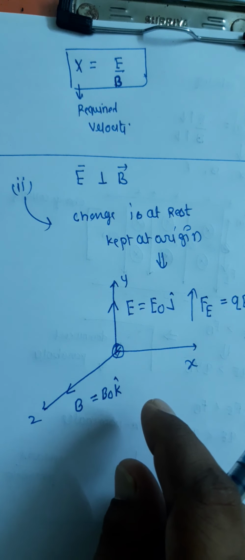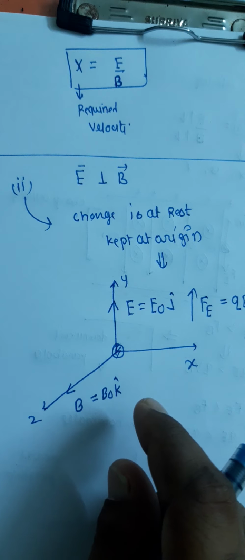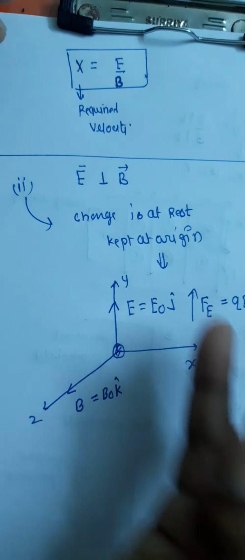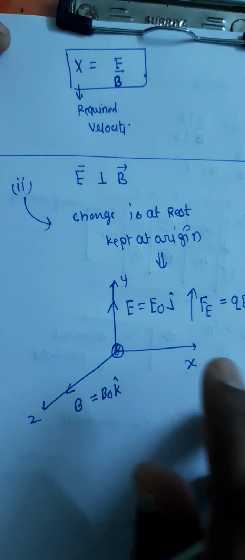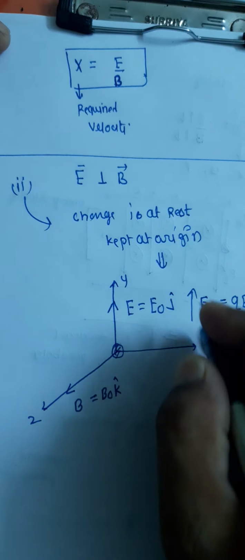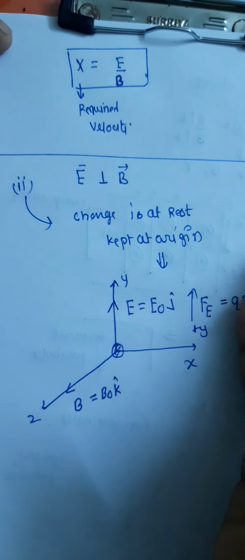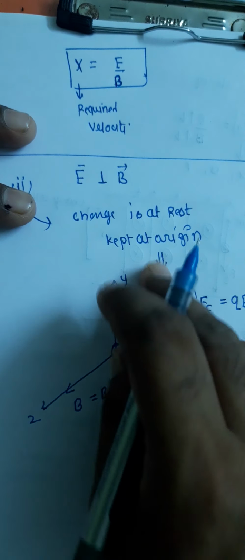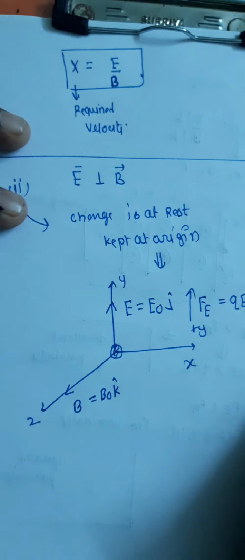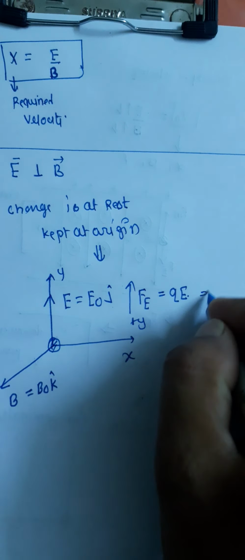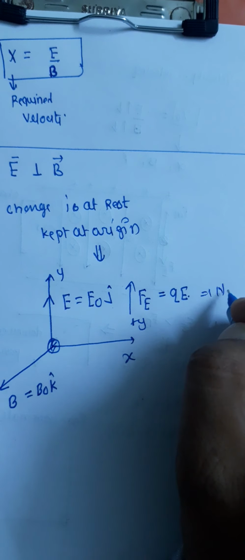It may act only when the charge starts moving, it is in motion. So we get a positive y-axis motion due to this. So basically, the net effect is along this only. So the net motion of the particle is along the y-axis.